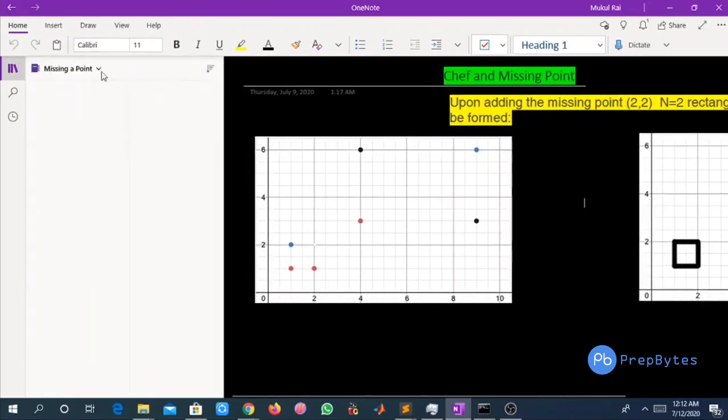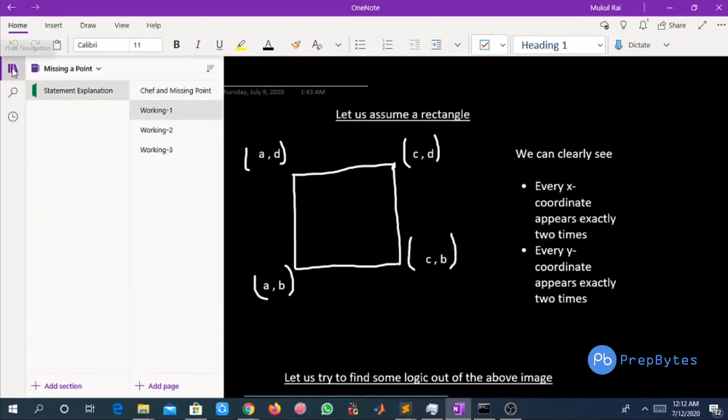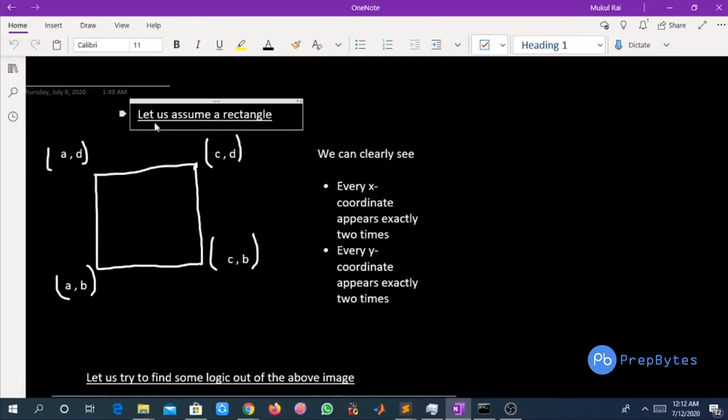So let us try to understand the question with this example, right? Let us assume we have a rectangle, and the lower left coordinate of the rectangle is (a, b), and the upper right coordinate of the rectangle is (c, d), and all other coordinates are (a, d) and (c, b), right?